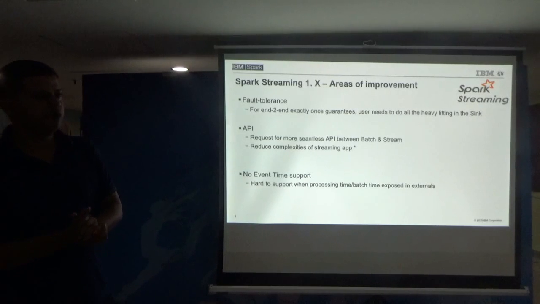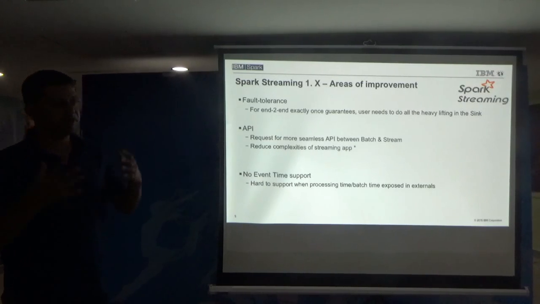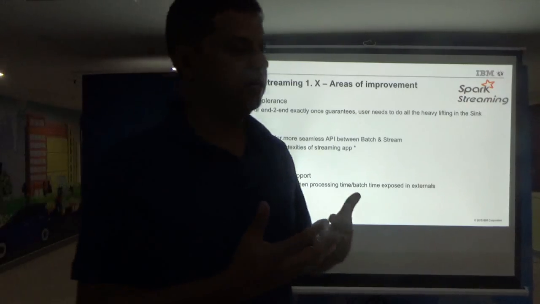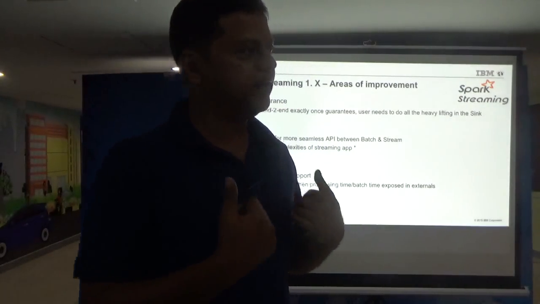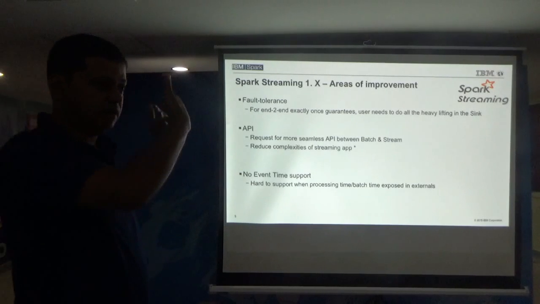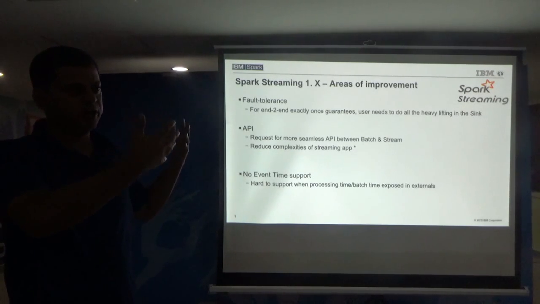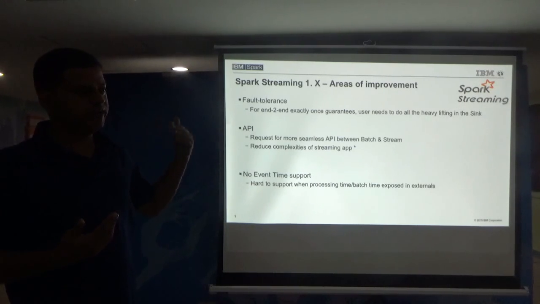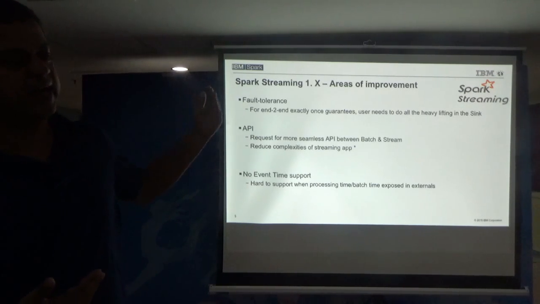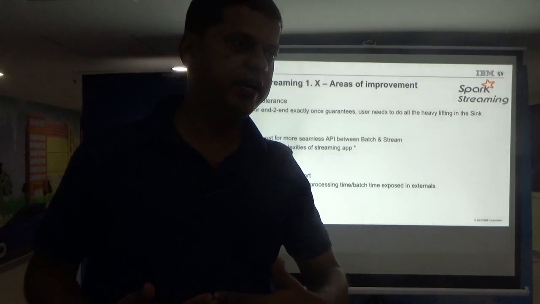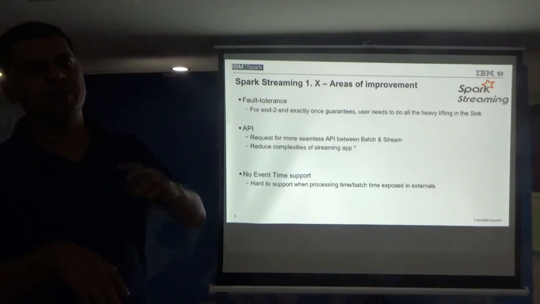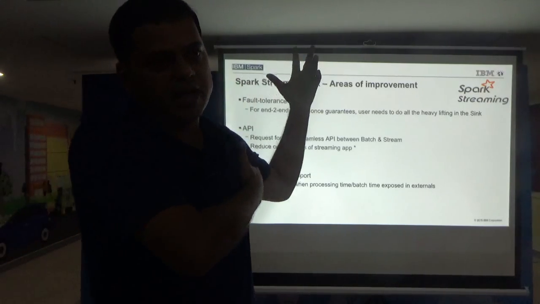Spark didn't have support for event time processing, especially when you're doing streaming. Your logic needs to process data based on the time the event was generated. Let's say an IoT event that you get from a device. You're not going to take the time that the data takes to come to the Spark system, and you don't want to process it based on the time it was actually received in your system, but the time that it happened at the source.